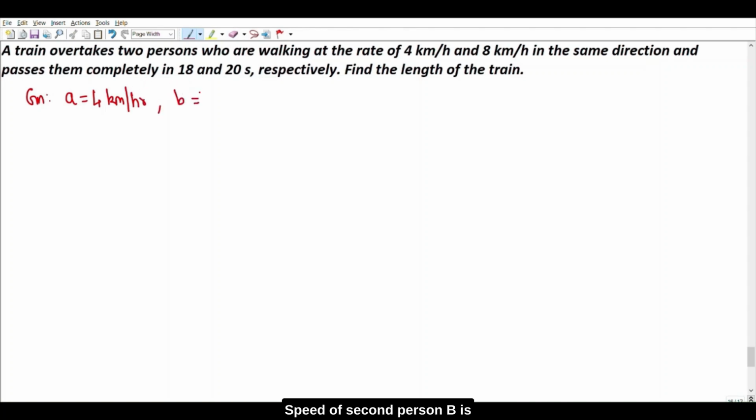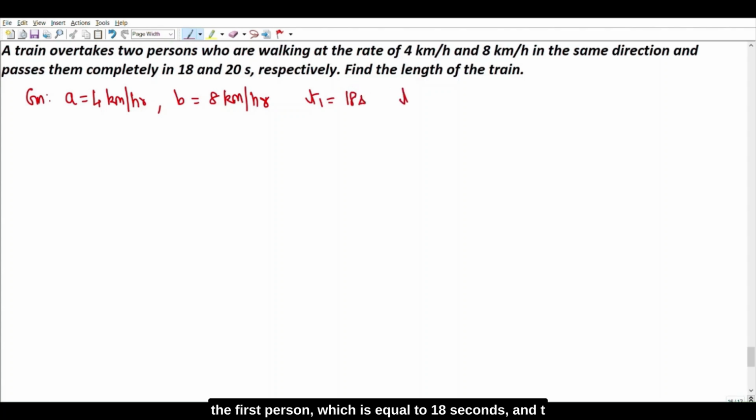The speed of the second person B is equal to 8 km per hour. Let T1 be the time taken by the train to cross the first person, which is equal to 18 seconds, and T2 be the time taken by the train to cross the second person. We need to find the length of the train.